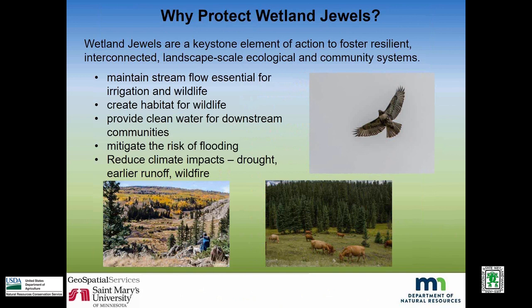Just defining things like Doug had already described in his presentation, some of the functions like maintaining stream flow, the preservation and creation of wildlife habitat, the provision of clean water to downstream communities, and the mitigation of climate warming impacts. The one thing that we find consistently from study area to study area as we take on projects like this is it's really important that stakeholders in those communities understand the value of wetlands from an ecological standpoint, but also from a value standpoint or a benefit standpoint to local communities and local individuals.